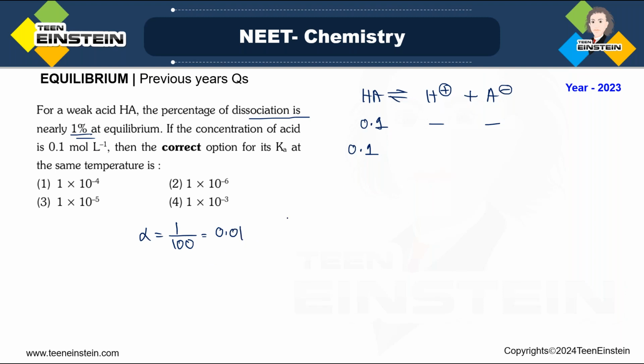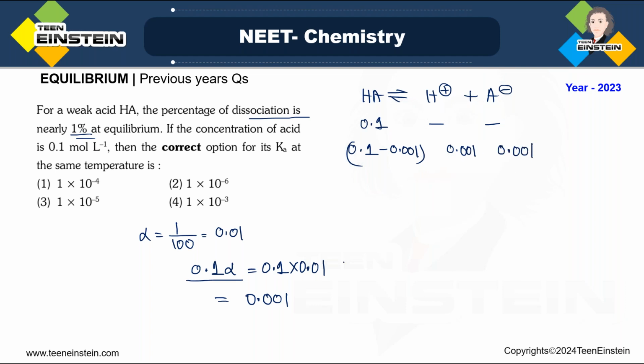Now 0.01 of 0.1, that is 0.1 multiplied by alpha, is 0.001, and this we should subtract from HA. So I will write here 0.001, and on this side there will be formation of the same amount.